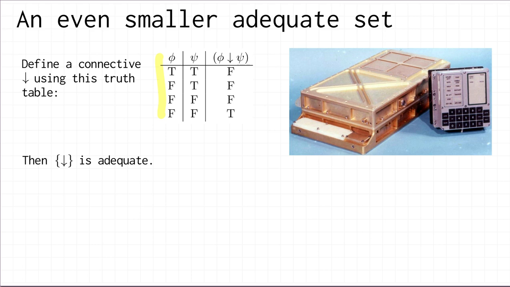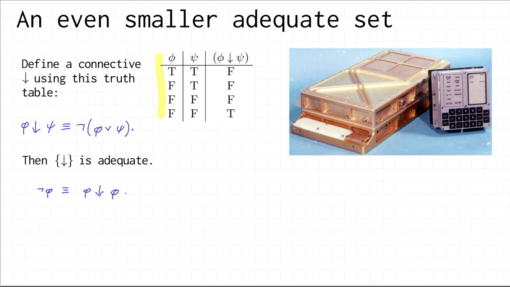What you will see, if you think about it for long enough, is that phi down arrow psi is logically equivalent to the negation of phi or psi. I'm not going to prove it, but this down arrow on its own is adequate. Just to get you started in figuring that out for yourself, you might notice that, for example, not phi is logically equivalent to phi down arrow phi.